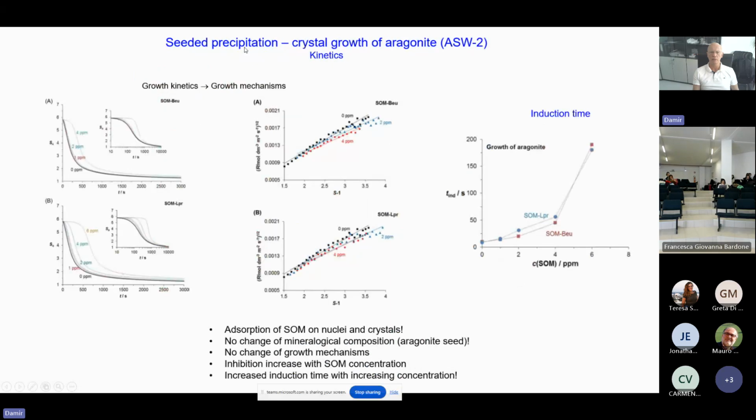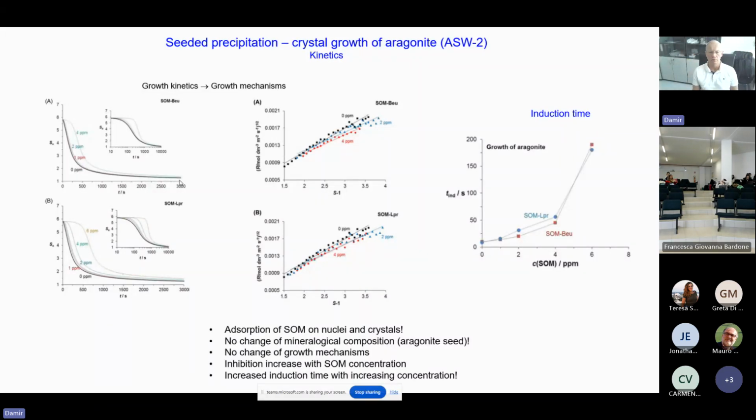Then seeded experiments, those that go at low supersaturation, and again you can see here that experiments start at a lower supersaturation, but there is not really a big change in the shape of this curve.